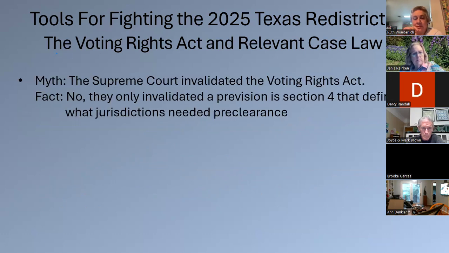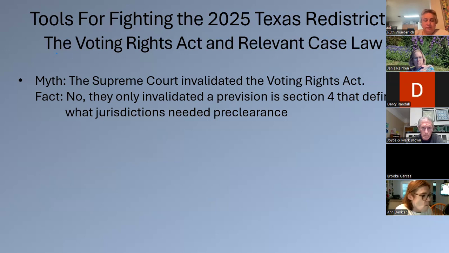The first myth is that the Supreme Court invalidated the Voting Rights Act. There was a case a few years ago where there was a big hubbub about them invalidating the Voting Rights Act. Then it became that Section 5 was invalidated. No, actually what was invalidated was a small area of Section 4, which defined what districts got pre-clearance. Section 5 is the rules for pre-clearance.